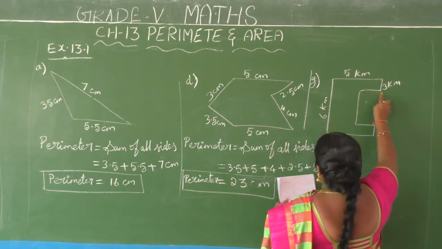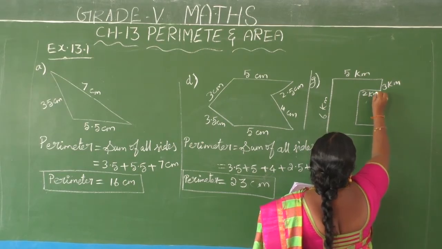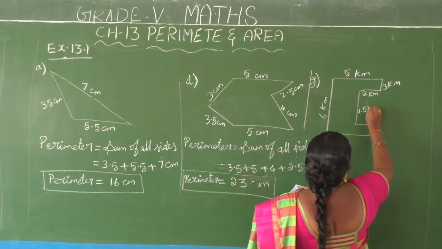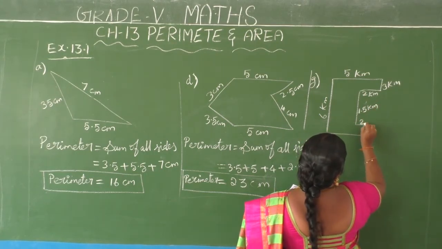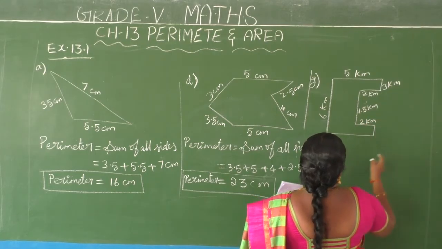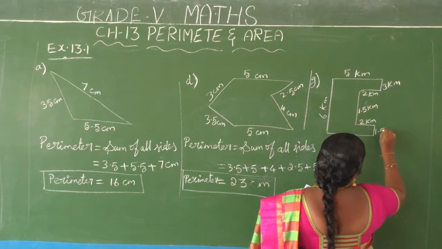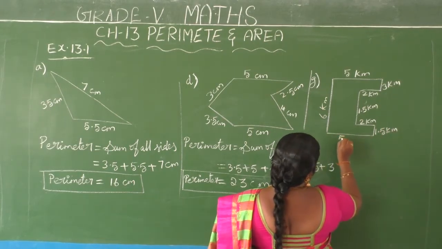Then this side 2 kilometer, this length 1.5 kilometer, here 2 kilometer, then this length 1.5 kilometer, here 5 kilometer.